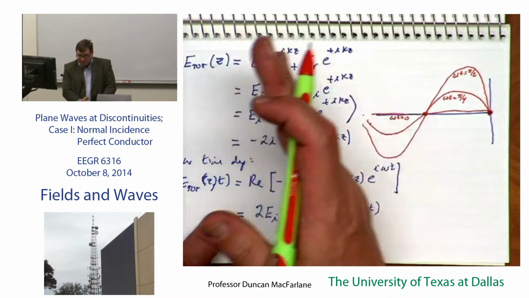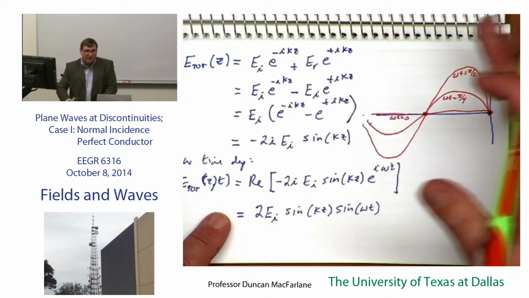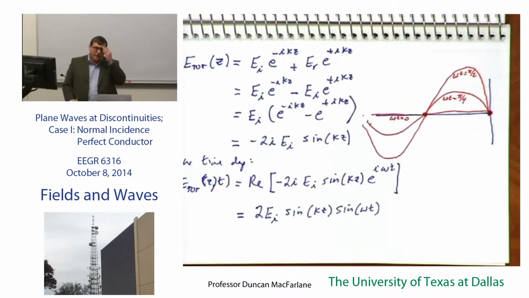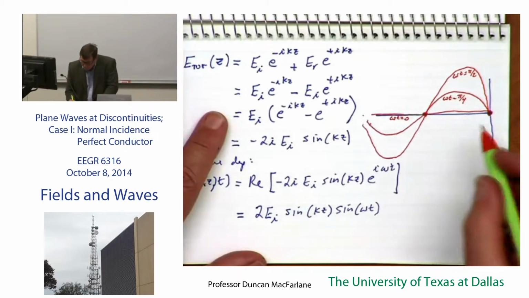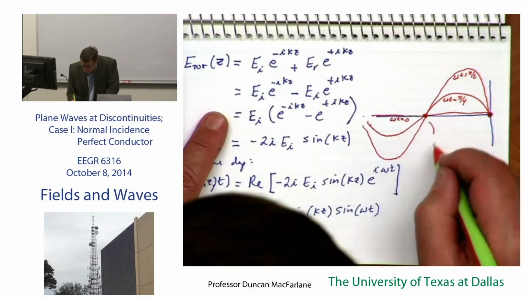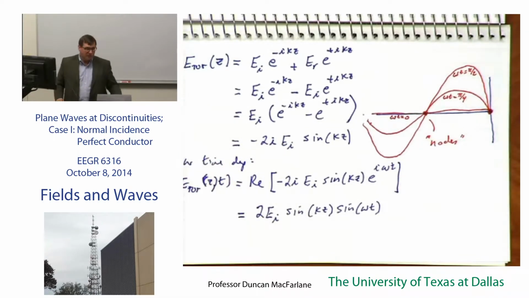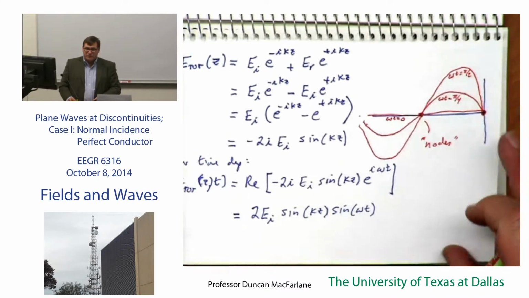So the wave going this way completely cancels with the wave going this way at these points. So you might call those nodes. And that's what's going on with the electric field.